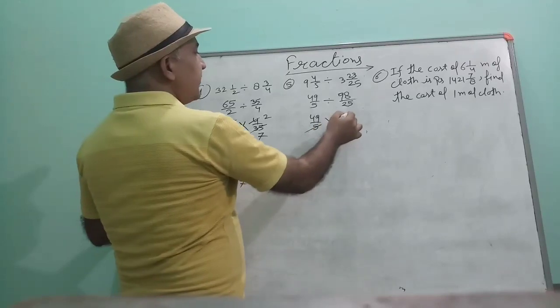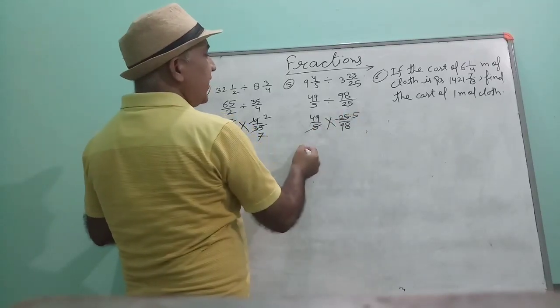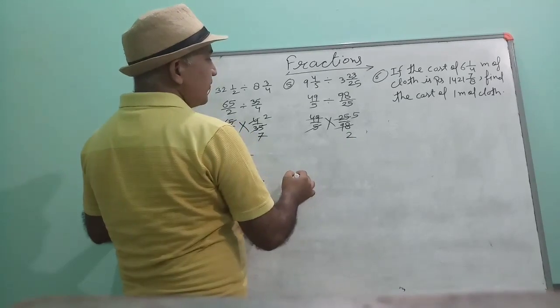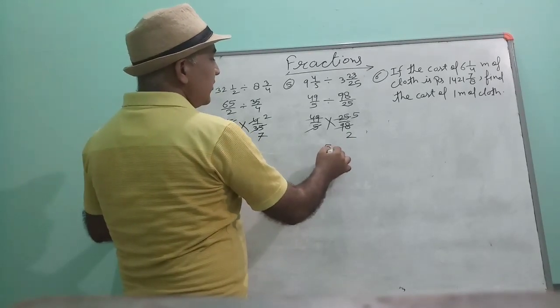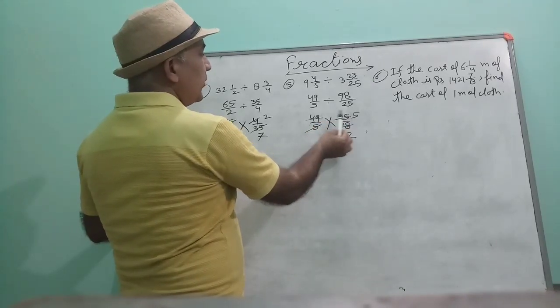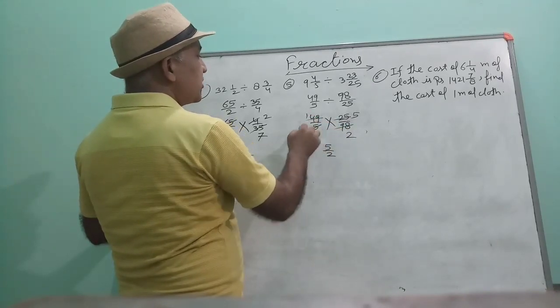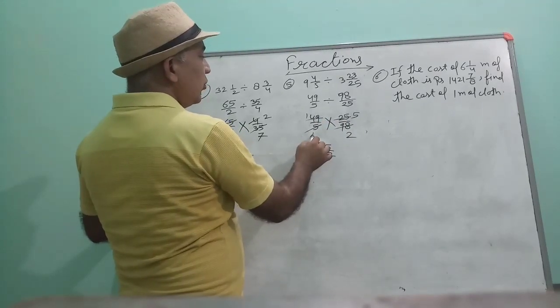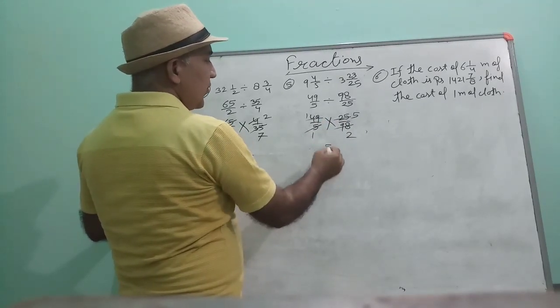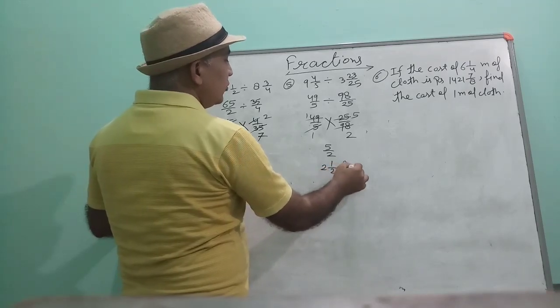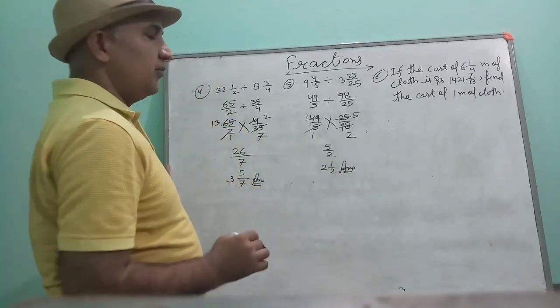Okay? Now 5 can divide 25 by 5 times. 49 can divide 98 by 2 times. Now your answer is 5 by 2, because in the case of multiplication, numerator is multiplied by numerator. There is 1. So 5 into 1 is 5. Here is 1 into 2 is 2. 5 upon 2 can be converted into mixed fraction. Then you will get 2.5.